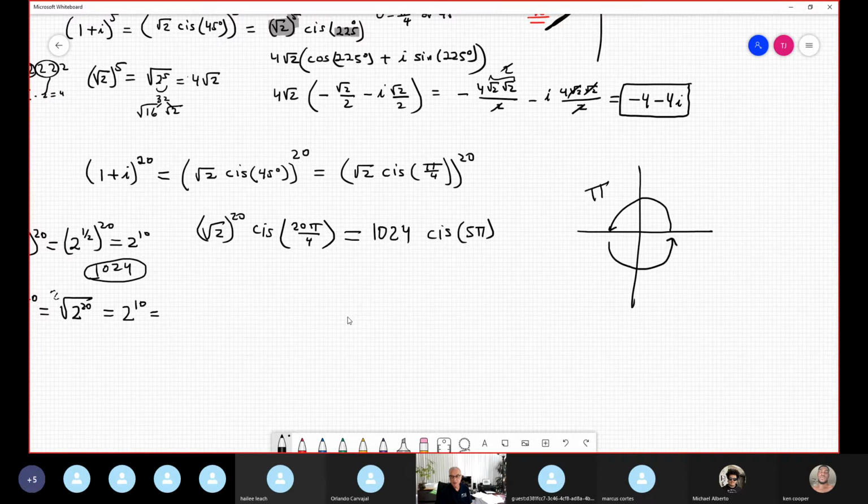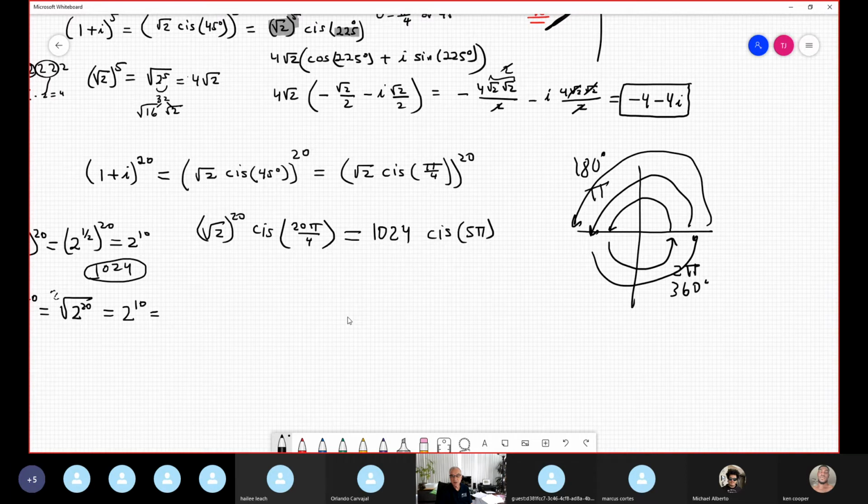This is 2 pi, 360. This is 3 pi. This is 4 pi. And this is 5 pi. Wow. Actually, I discovered, look at this sketch, that 5 pi is equal to pi. It's equal terminal. Yes or no?